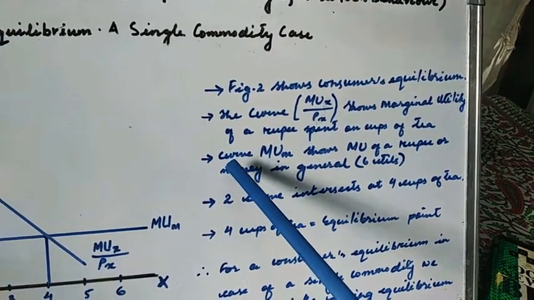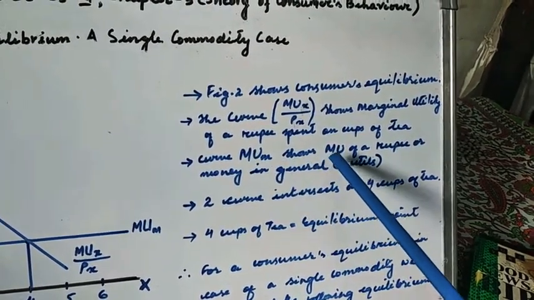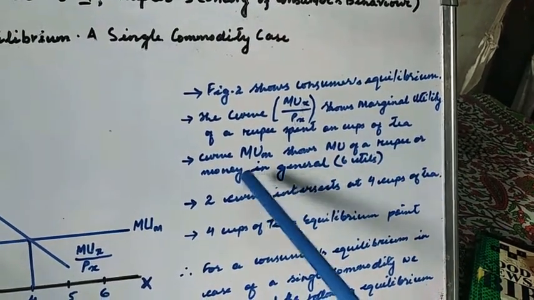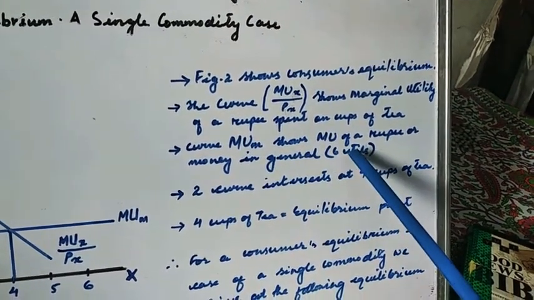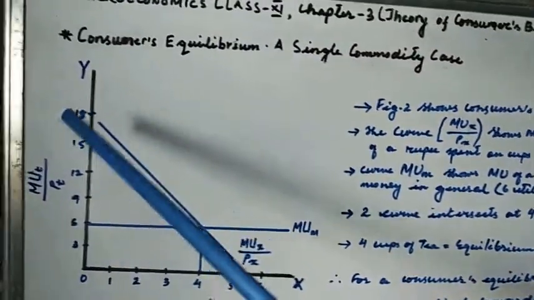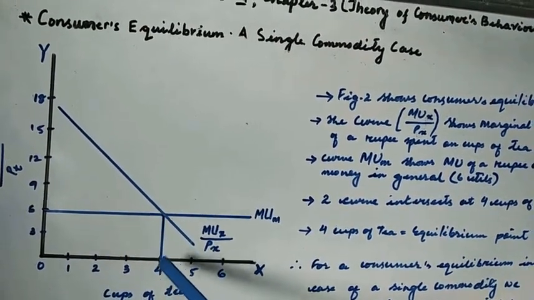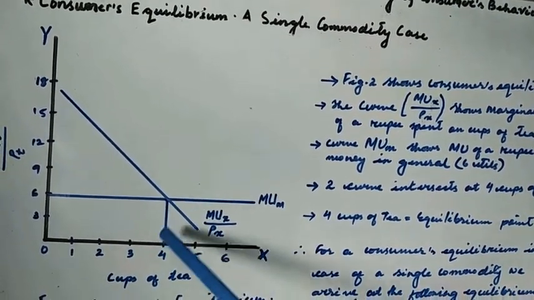Again, the curve MUM shows the marginal utility of a rupee or money in general. That is the 6 utils that we have assumed. What we can see is that these two curves intersect at point 4, or at 4 cups of tea.